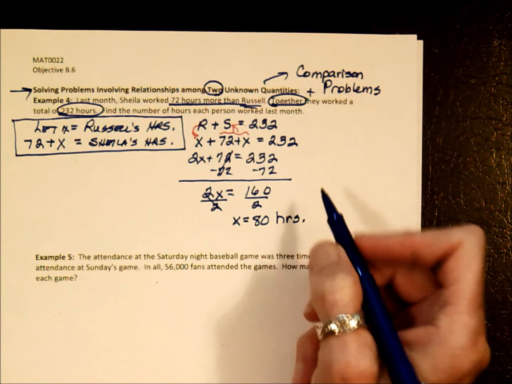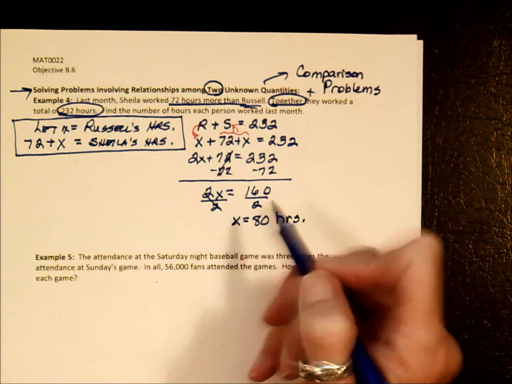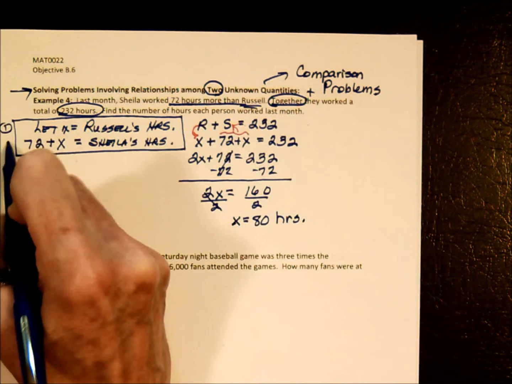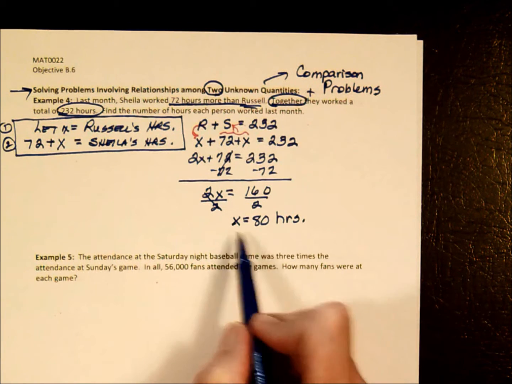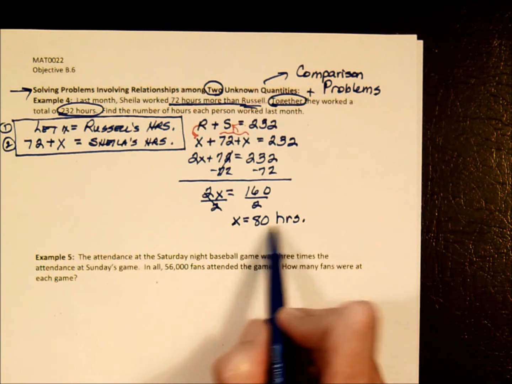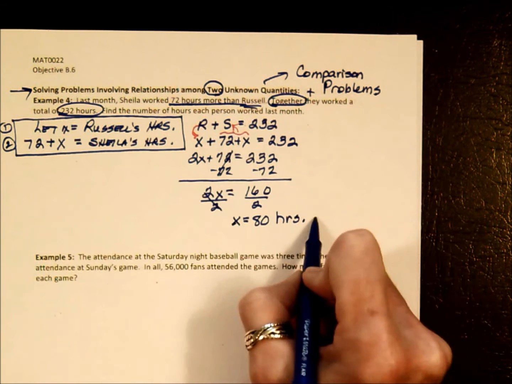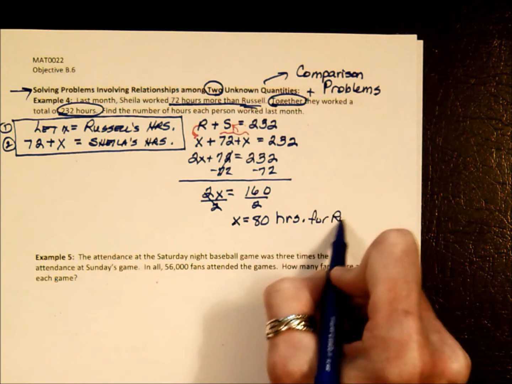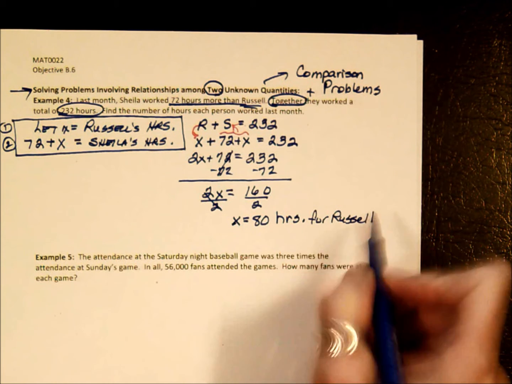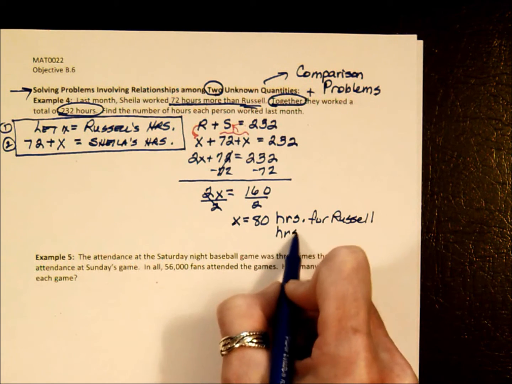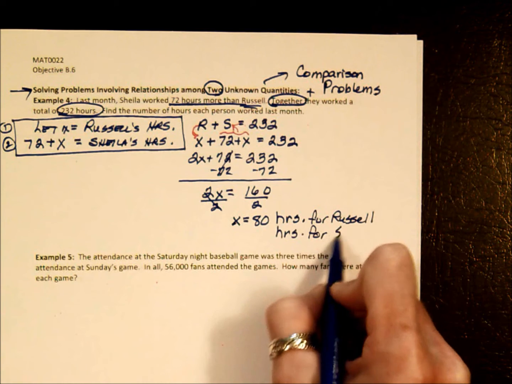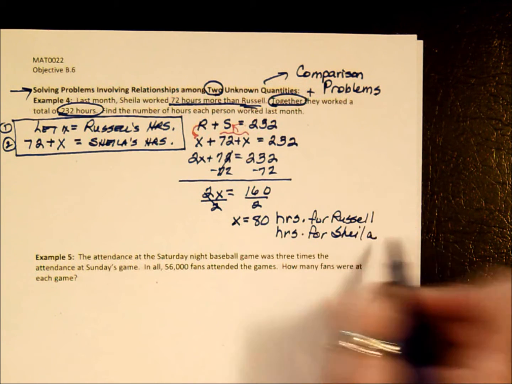Now, we're not finished just because we got the x, because I had two let statements, I have to have two answers. So who worked 80 hours? Who's x? Russell. So 80 hours for Russell. Now how do I find the hours for Sheila?